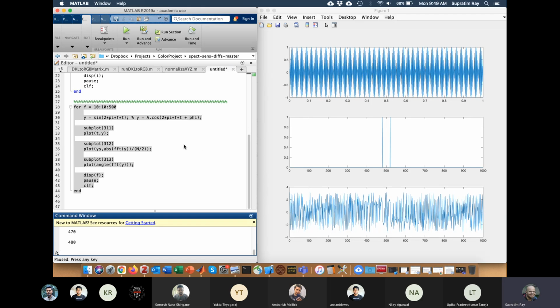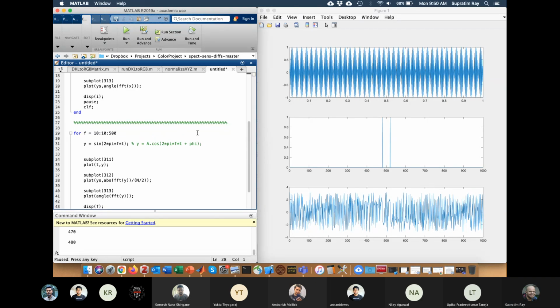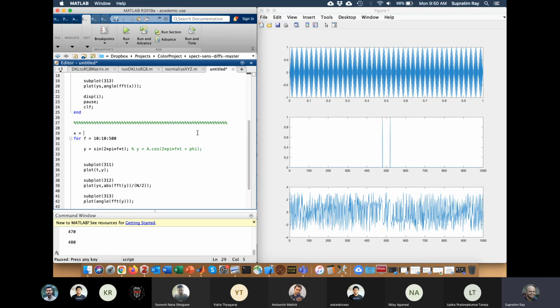So let me do a little trick here that will stabilize this whole thing. I'm going to say y is my sinusoid, but I'm going to create another signal x, which is zeros 1 to n, and the first element is 1.